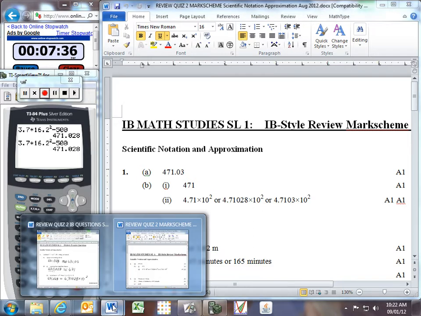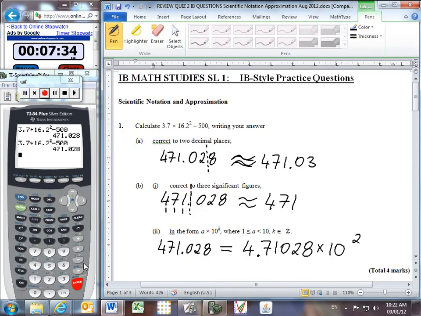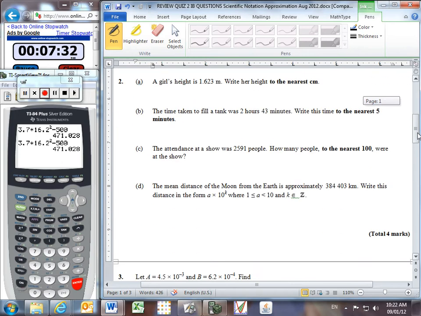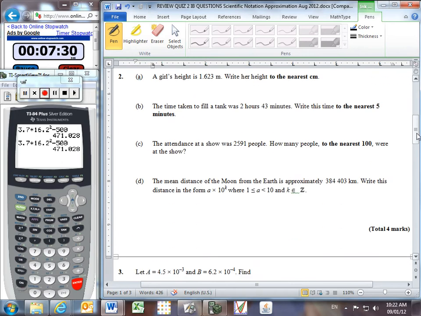Alright, back to number 2. A girl's height is 1.623 meters. Write her height to the nearest centimeter. Now then, I hope you know that we've got 100 centimeters in a meter. And so, what's going on here is that we're dealing with 1 meter and 62.3 centimeters.